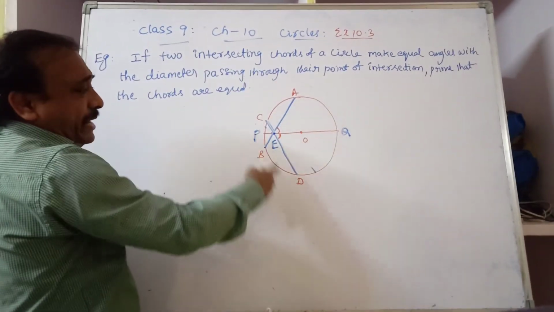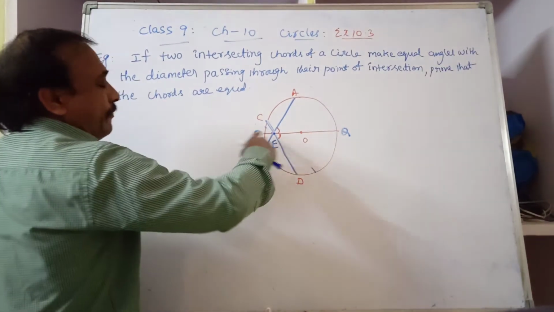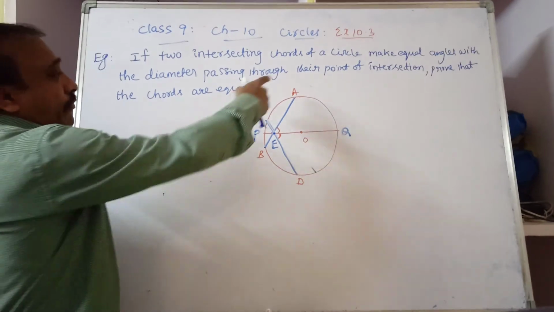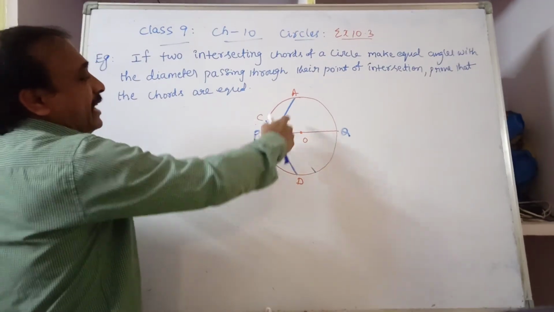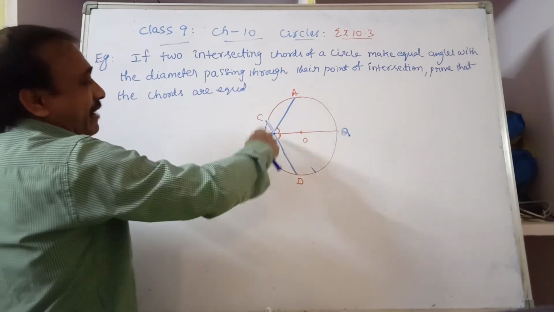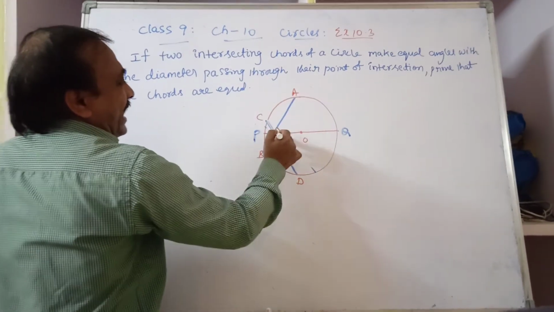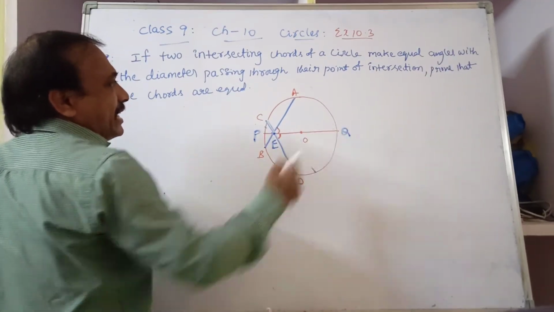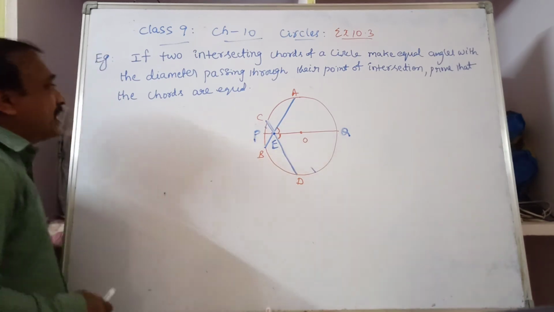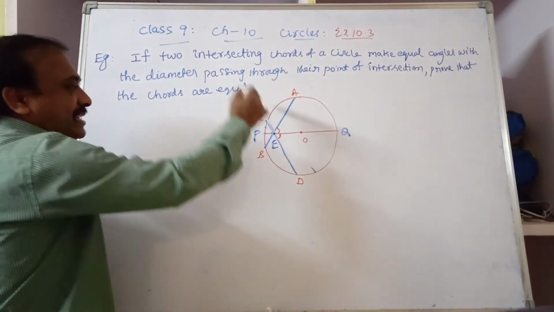The chords are meeting at E, the diameter is also passing through E, and at the point where they intersect, the chords make equal angles with the diameter. Means angle AEQ is equal to angle DEQ, that is given. Prove that the chords are equal. We have to prove that AB is equal to CD.